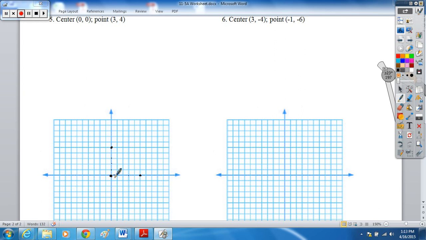And remember, our point that was on the circle was (3, 4), so we got to make sure that it passes through that point. 1, 2, 3, 4, 5. And then 1, 2, 3, 4, 5. Okay. So here's the circle. Ooh, that was bad. That was even worse. I shouldn't even try drawing circles. Hopefully you guys are better than I am.